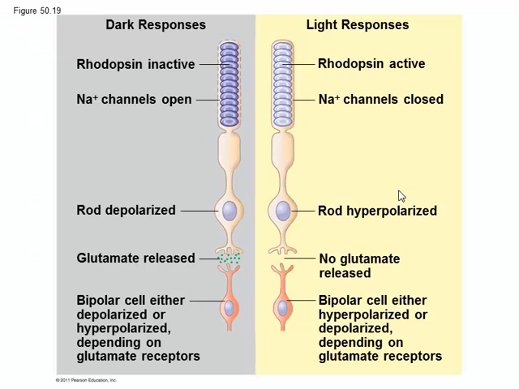So that's how we process this information. In the absence of light, you're releasing a lot of this glutamate. In the presence of light, the glutamate flow kind of stops, and that's a bit of an inference, because sometimes it's the reverse of this. Remember, all options are available. And then based on that glutamate, whatever its effect was on that bipolar cell, something changes, and it either speeds up or slows down the number of action potentials it was generating.